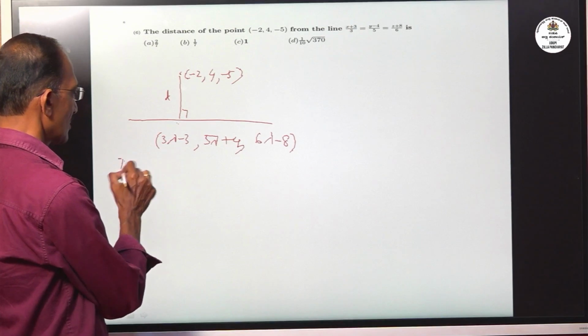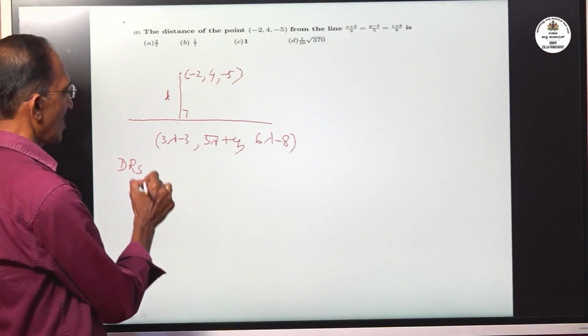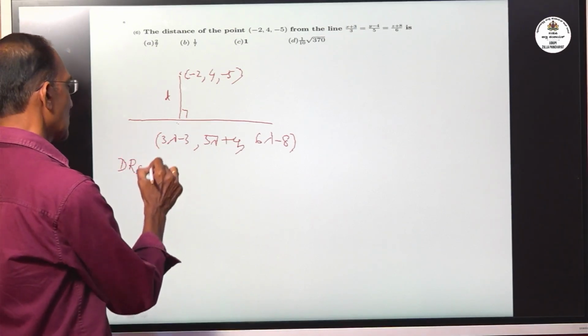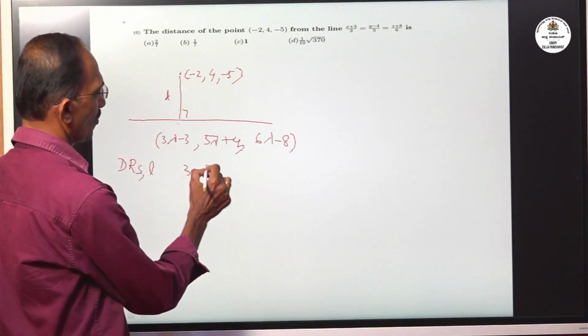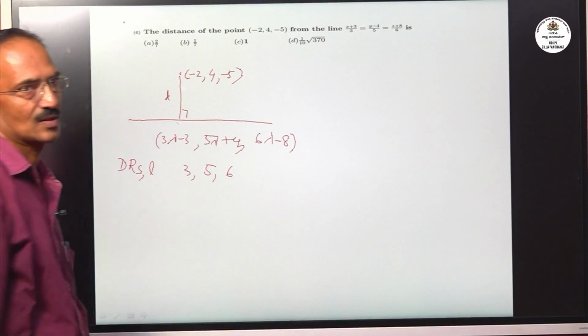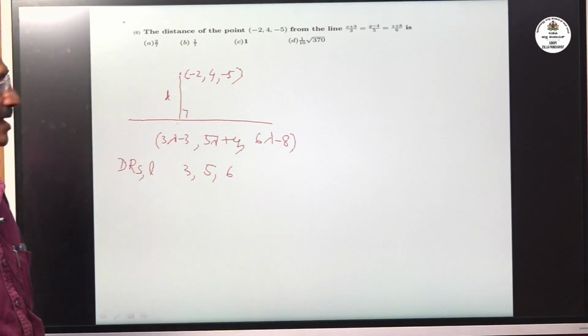So the DRs of line L are 3, 5 and 6. What are the DRs of this perpendicular line?